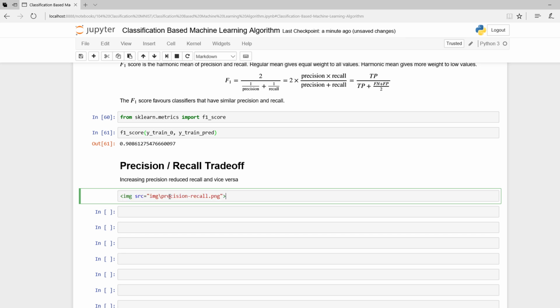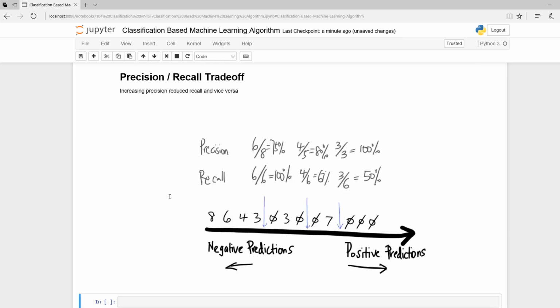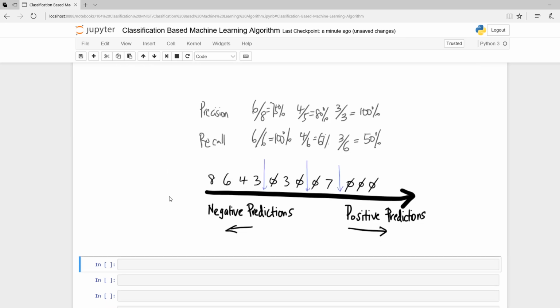So let's just understand how this works. Again, I've done this a bit earlier, just to help you to grasp this concept. Let's just say we have 1, 2, 3, 4, 5, 6, 7, 8, 9, 10, 11, 12 observations here. Now if you look at this, what you have are the so-called predictions by your classifier.